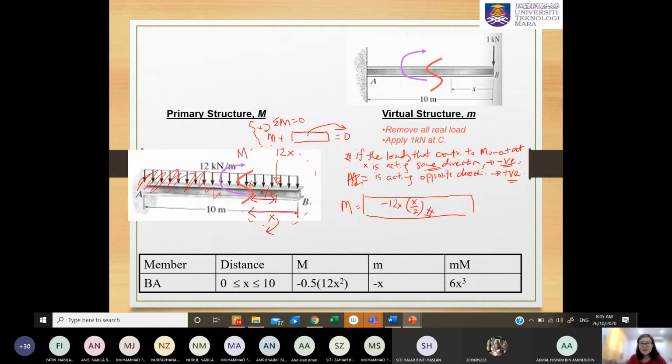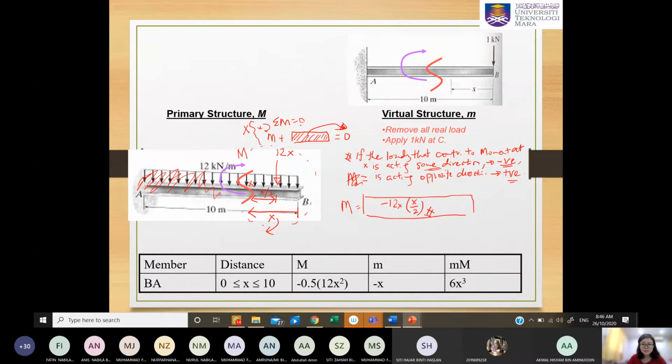If the loading that contributes to moments, in this case, is 12x, other than this internal force moment, the rest of the loads that will give you moments, these are the other loads that will be giving moments to x. I intend to bring them to the opposite side of my equation directly. I don't want to write this equation anymore here.